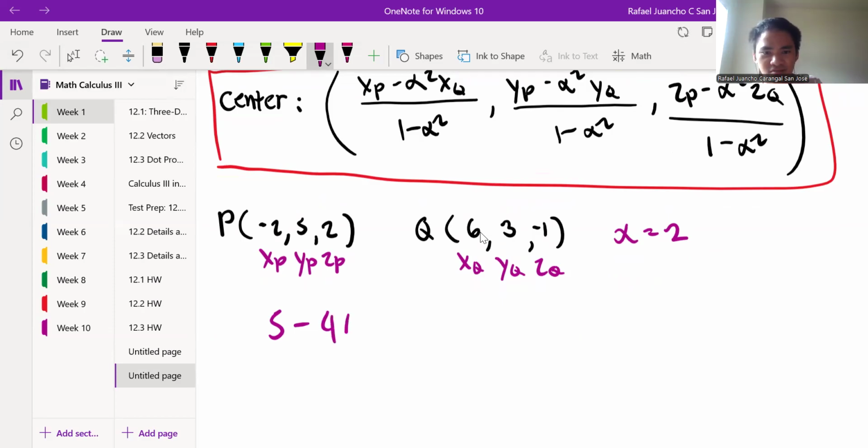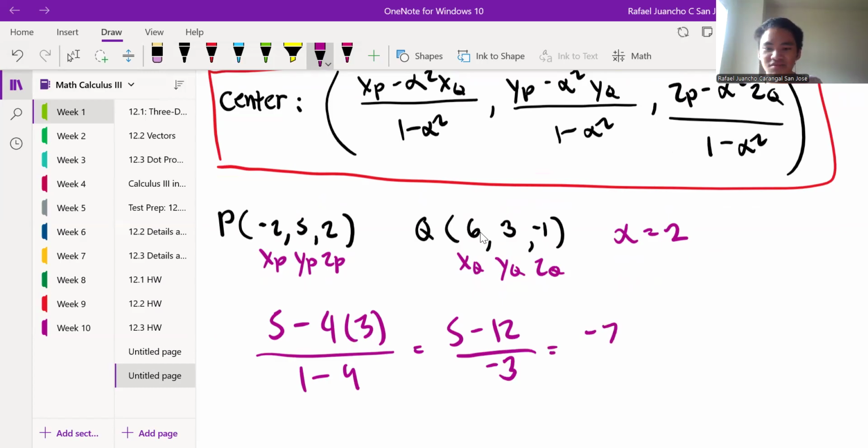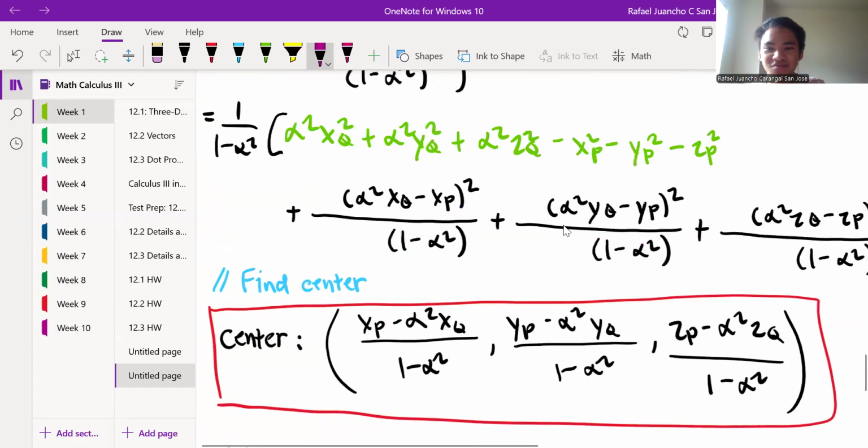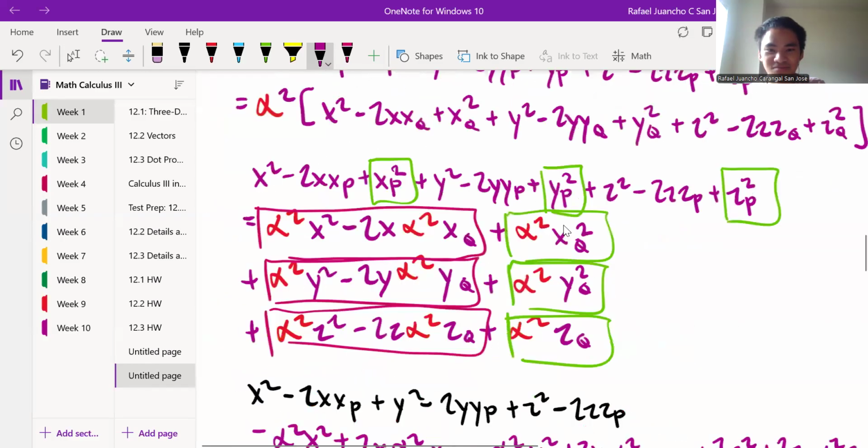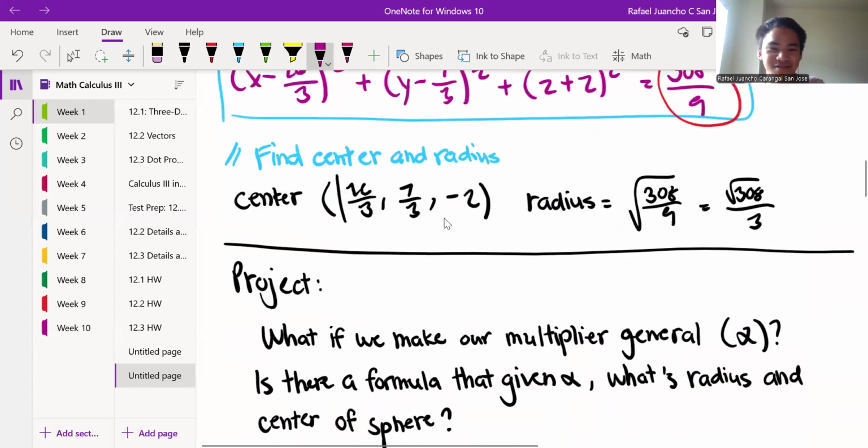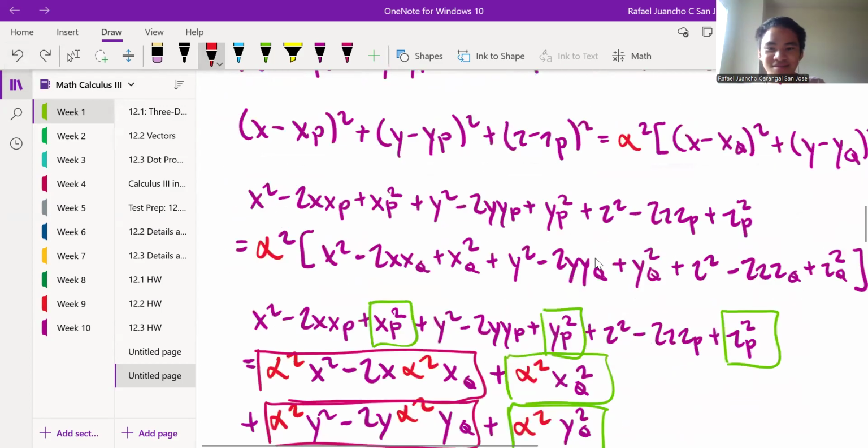YQ, so that's 3. 1 minus 4. So we have 5 minus 12, over -3. 5 minus 12 is -7, I believe. And then it's just 7/3, so this is our y, 7/3. And we also got it here. Right there, 7/3.